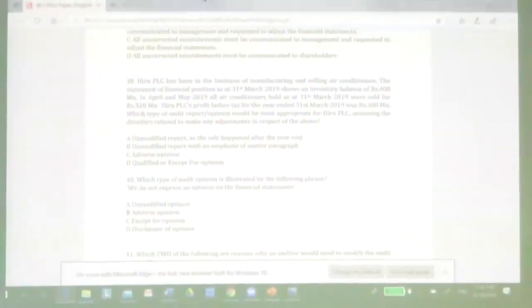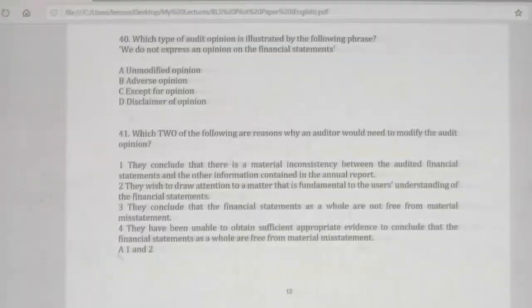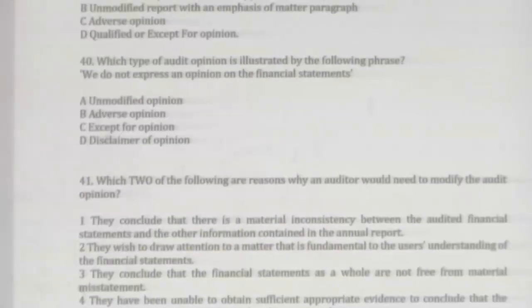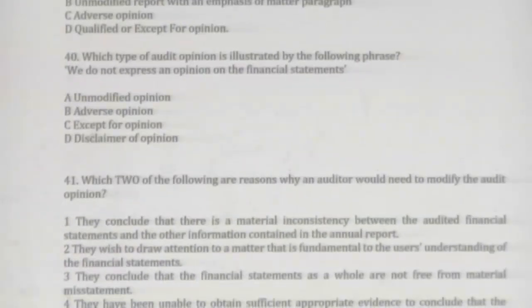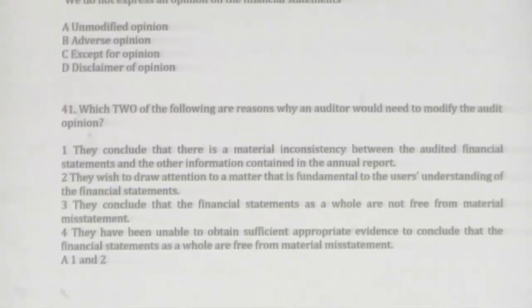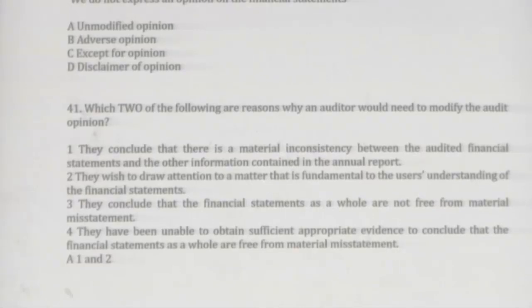So, I have explained to you why the answer is D for question number 39, question 40 we answered, and then 41: why does the auditor need to express a modified audit opinion in this case, right, that you now know very well. Why is the answer 3 and 4? I have clearly explained that 3 and 4 is the answer, right.